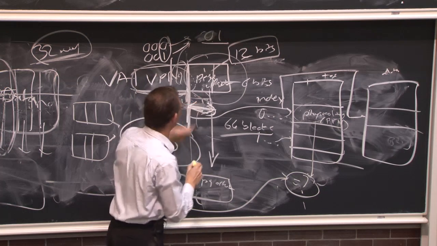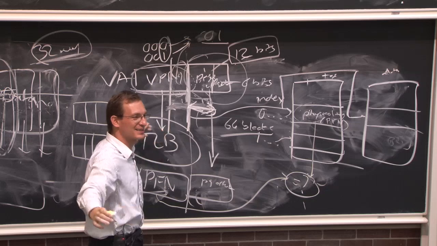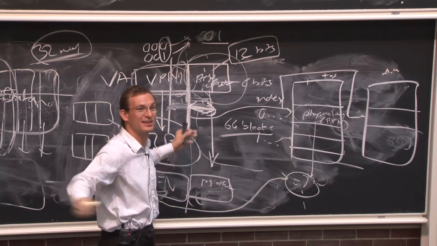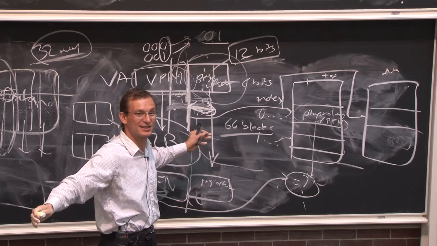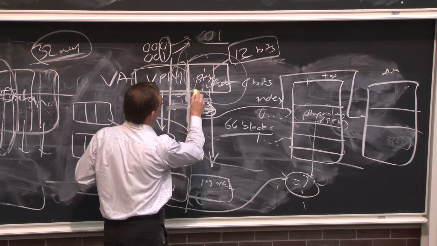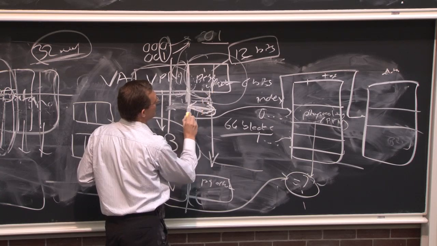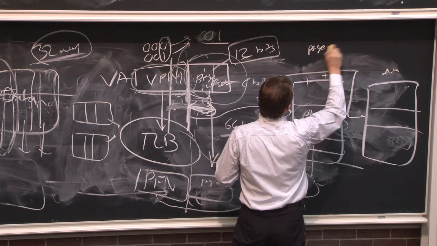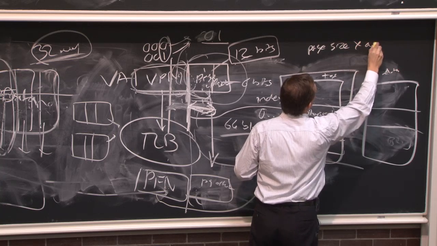Well, it's not exactly true because you can now increase your associativity, right? Because this only determines index, where you index in the cache. You can have as many ways as you want in that index. So if you just keep your index coming from the page offset, the maximum cache size you can have is page size times associativity.